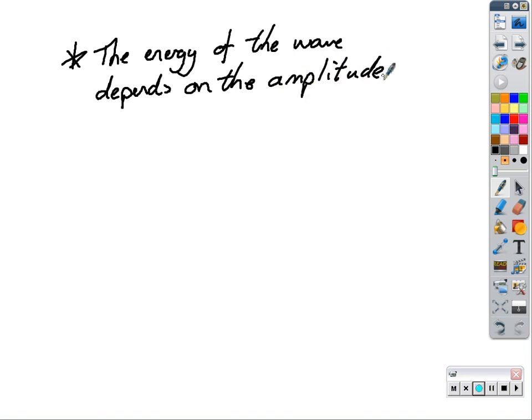So high amplitude means high energy. Low amplitude means not a lot of energy. And the best way to think about it is just think of water waves. The higher the wave in terms of water, the more power it has, the more energy it has to knock you over, to sink ships, etc.